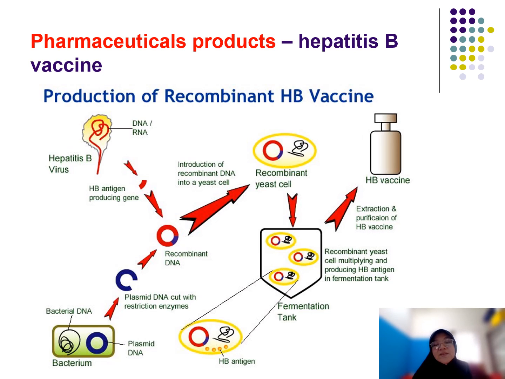So this hepatitis B antigen then will be extract, purified, dan dia akan membentuk hepatitis B vaccine. Kita akan cocok dekat orang supaya, okay, dia dah introduce with this virus, so dia akan produce their own antibody lah. Human tu yang telah diintroduce dengan this vaccine, dia akan dapat antibody. So body kita protected lah sebab kita ada antibody untuk melawan the hepatitis B virus.